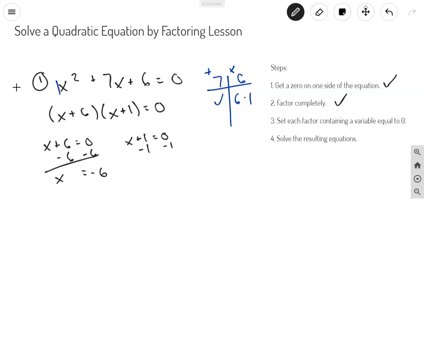Subtract 1 from both sides over here. x equals negative 1. So I got negative 6, negative 1. Therefore, my solution is x equals negative 6 or x equals negative 1.